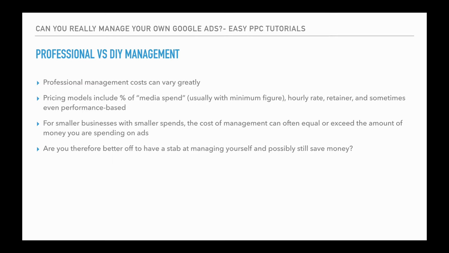And if you've got your campaign structured right, if you've been watching the videos on this channel, if you've been following the resources I recommend, let's say your total budget for ads and management is $500 a month. Instead of paying someone $250 to manage it and then only having $250 for the spend budget, are you better off to put all $500 towards the ads, managing it yourself, and then actually getting more clicks and hopefully more performance out of it?